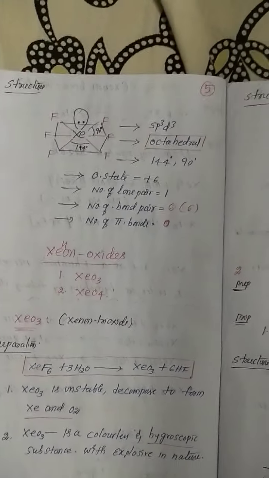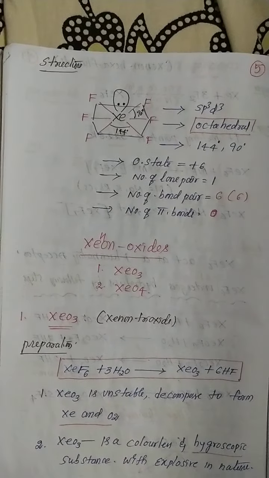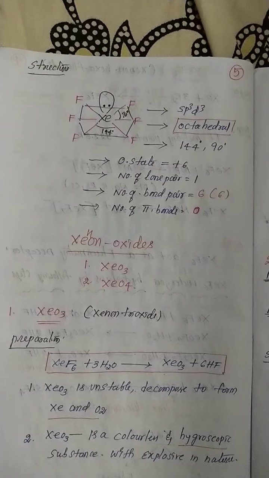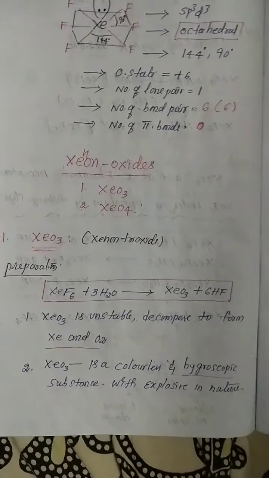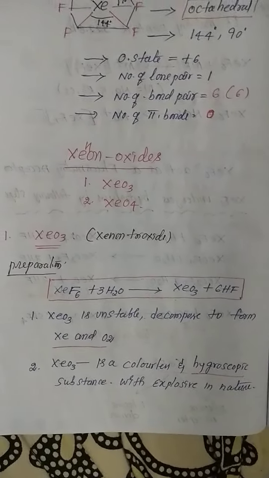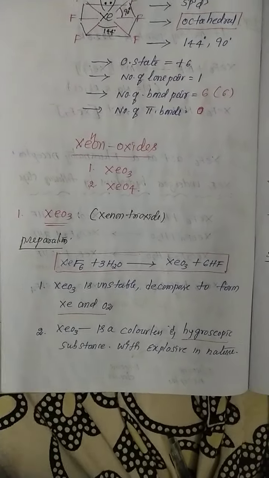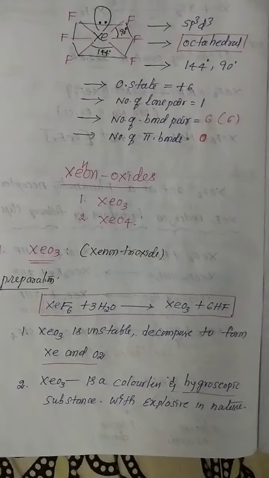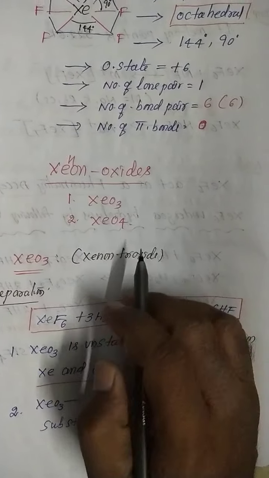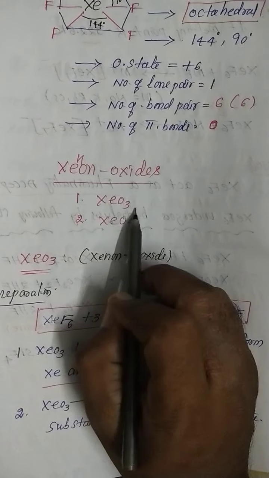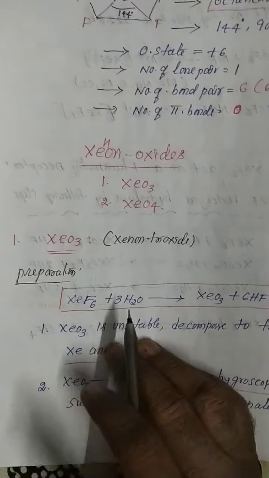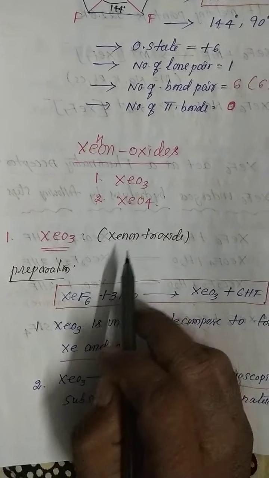These are the xenon fluoride structures: xenon difluoride, xenon tetrafluoride and xenon hexafluoride. After that, xenon reacts with the second highest electronegativity element, oxygen, to form two different types of compounds, xenon trioxide and xenon tetroxide. The first compound is xenon trioxide.